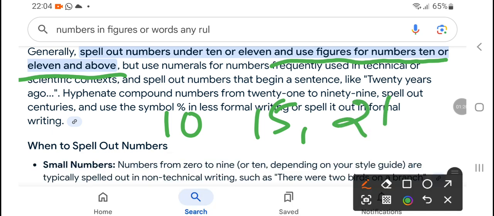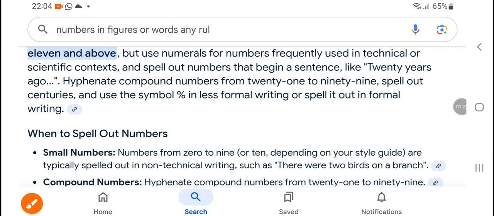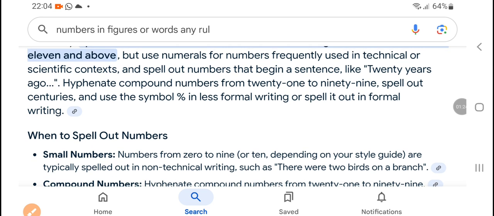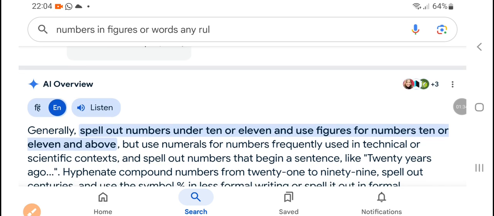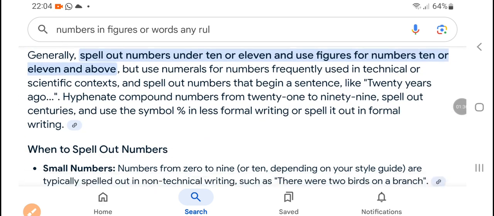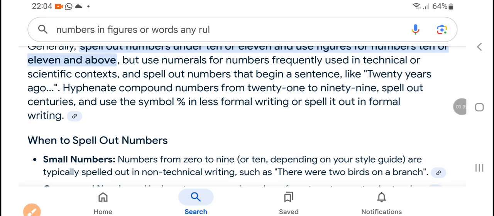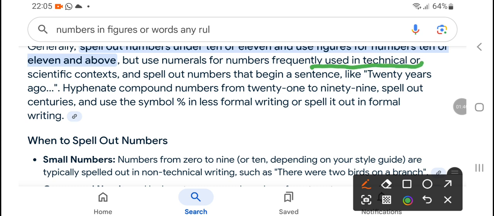So for 10 or above we can use figures, but use numerals for numbers frequently used in technical or scientific contexts. Please take care: for technical or scientific contexts or mathematics, numerals are suggested.